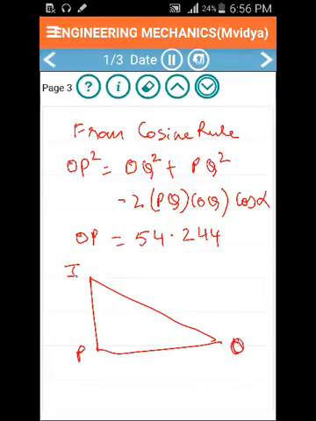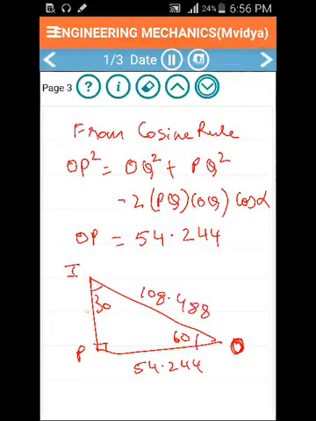So if I consider my triangle IPO, this being 60 degrees and this being 54.244, using my 30, 60, 90 triangle, I know the side opposite 90 is twice this. So this whole length is 108.488. Similarly, IP will be root 3 times this, which is 93.954.